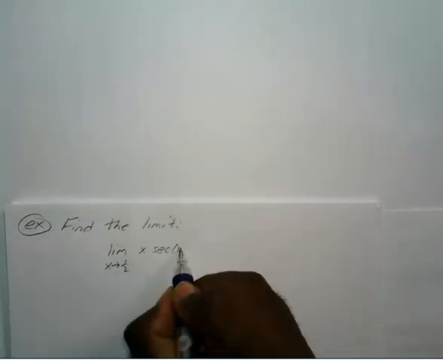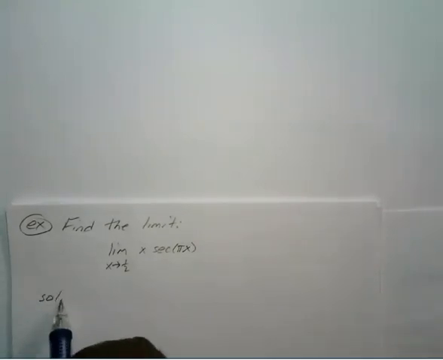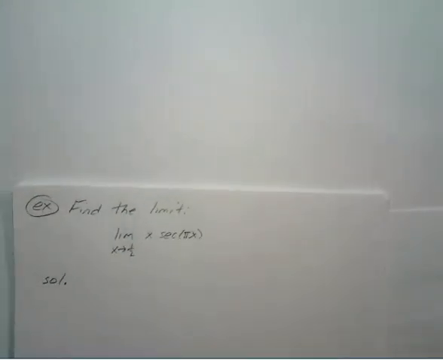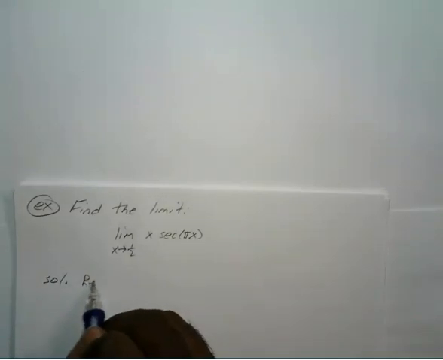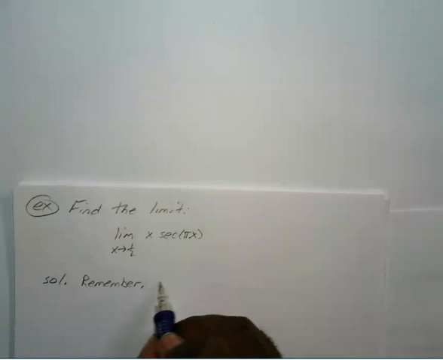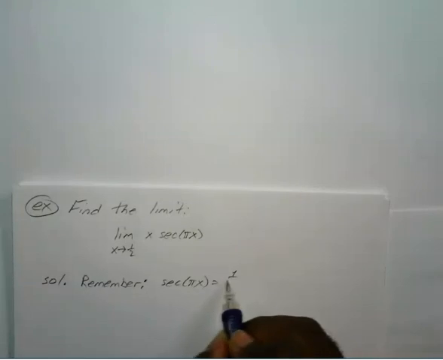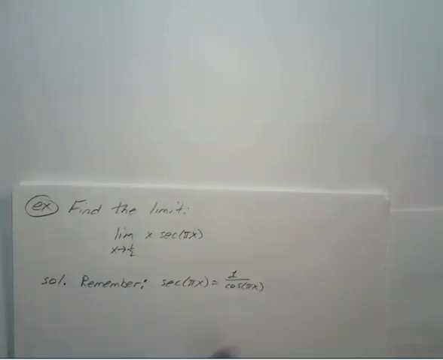Kind of change that up a little bit. Alright. So, to solve this, it's very helpful to remember that secant pi x is equal to 1 over cosine pi x.